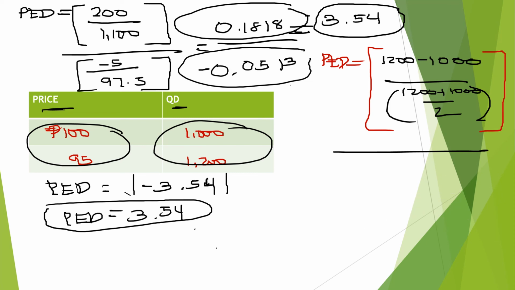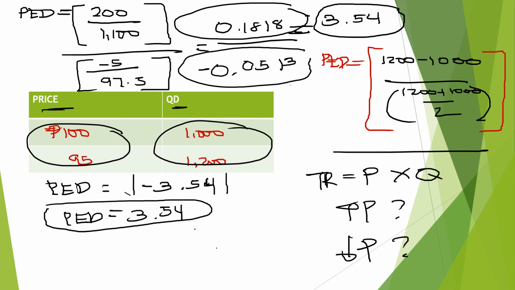Total revenue is P times Q. Should you increase the P or should you decrease the P? Okay? Your goal is to increase your total revenue, knowing that your demand is elastic.